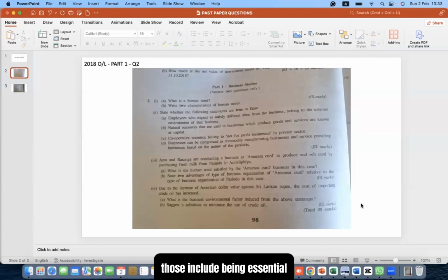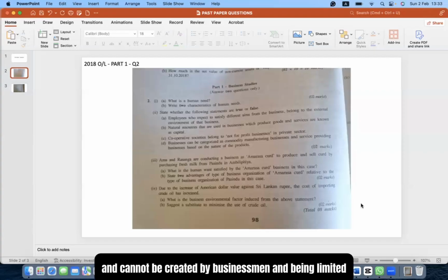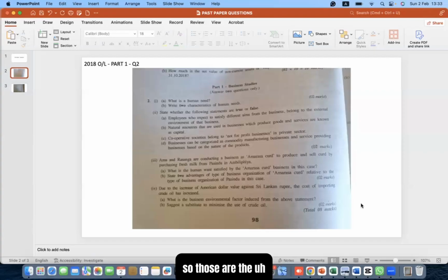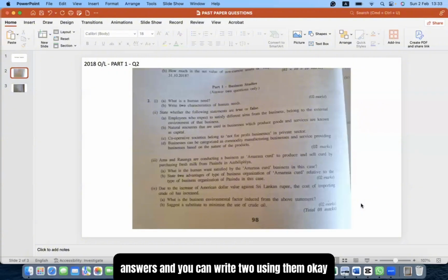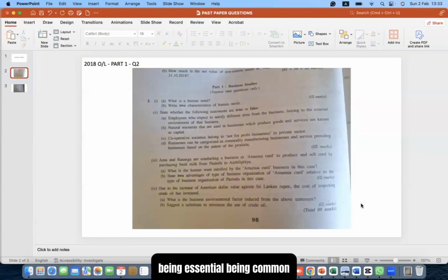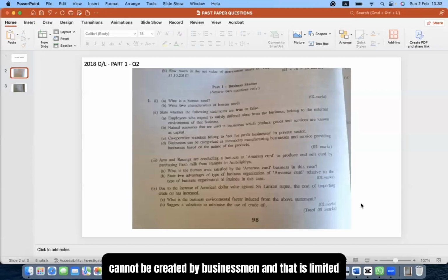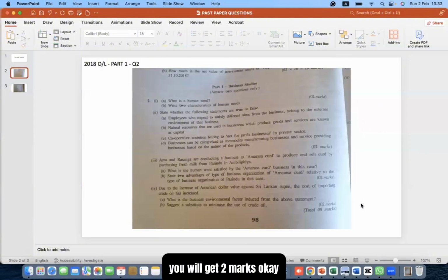Those include being essential, being common, being something that cannot be created by businessmen, and being limited. Those are the answers, and you can write two using them. If you get those two answers correct, you will get 2 marks.